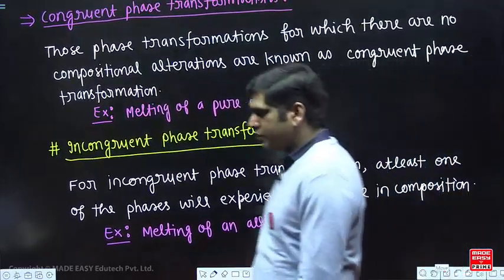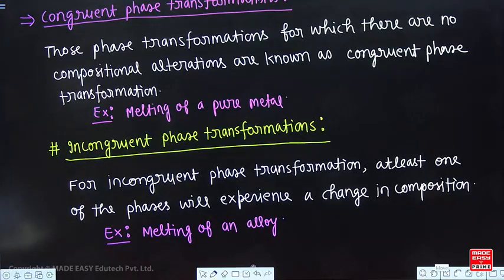So this is the definition of congruent and incongruent phase transformation. Please write it down quickly. Done?